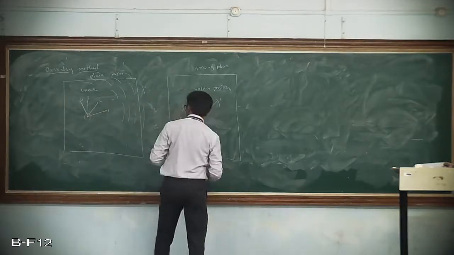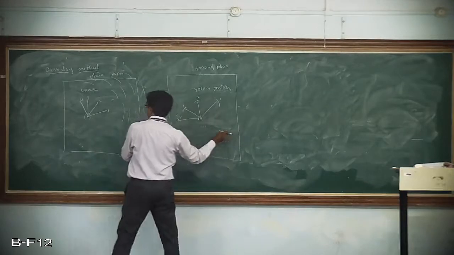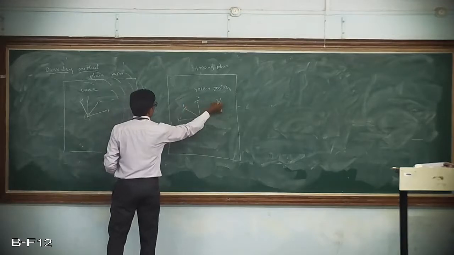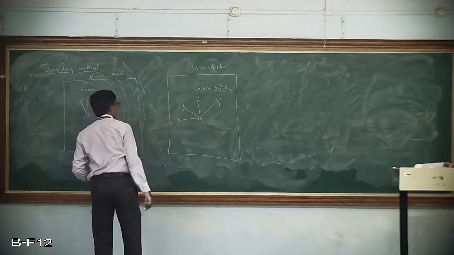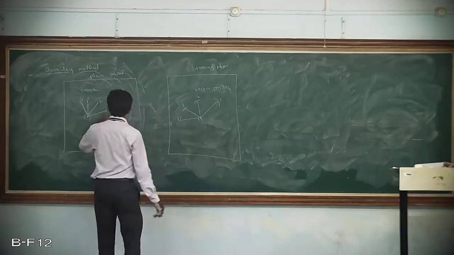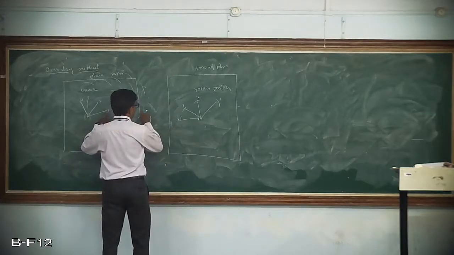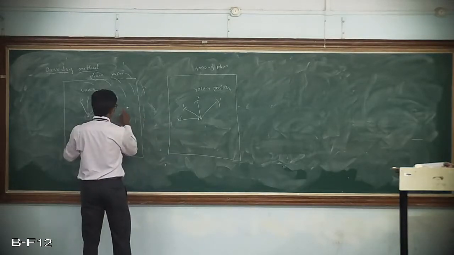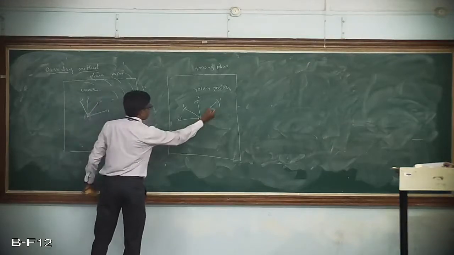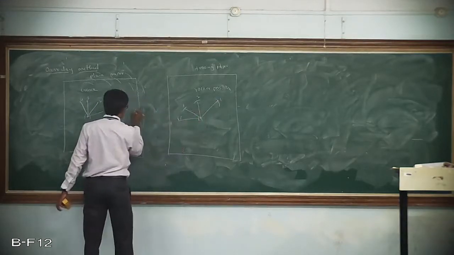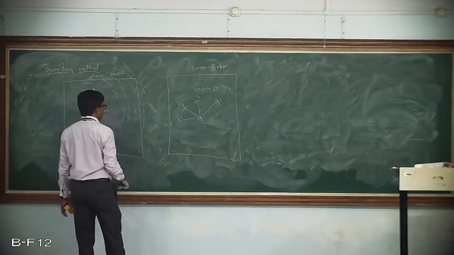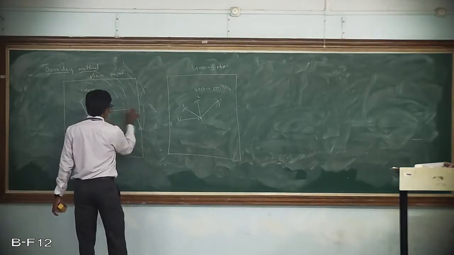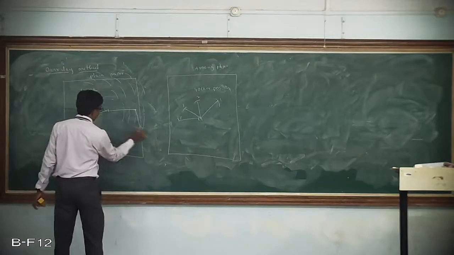Later we'll take this tracing paper, keep it on the plain paper, and try to match these radii. If any of the radii matches with a particular position, for example the third position, then you will get this as the required mechanism.